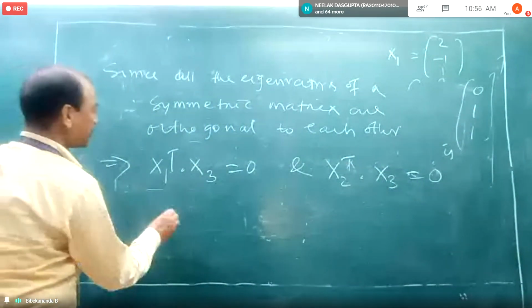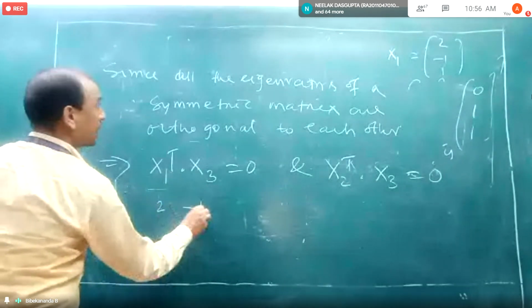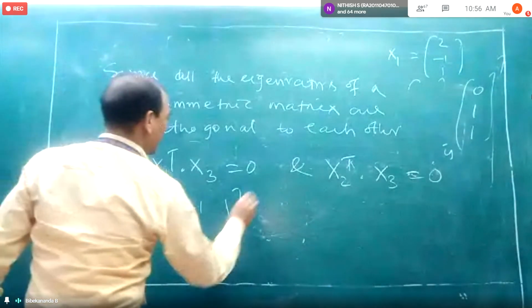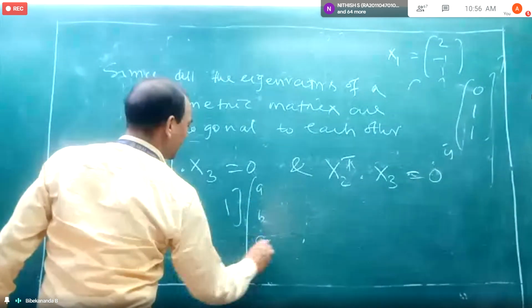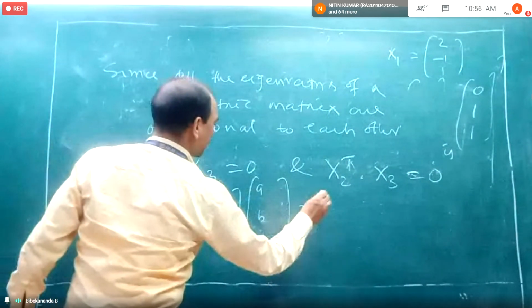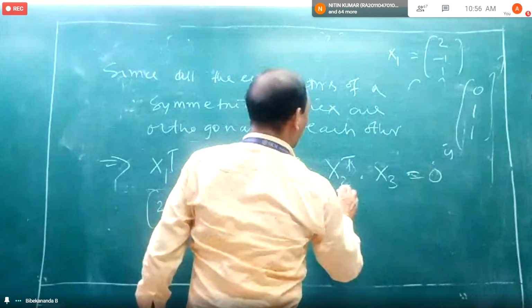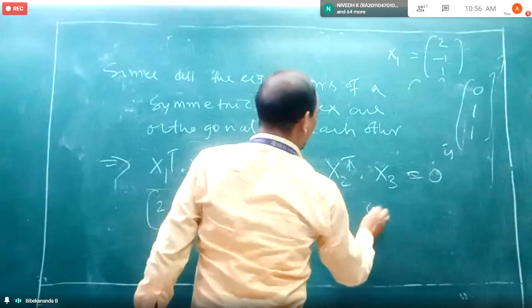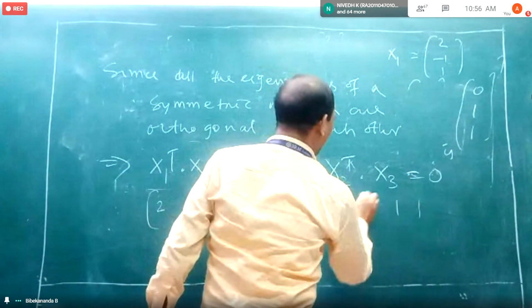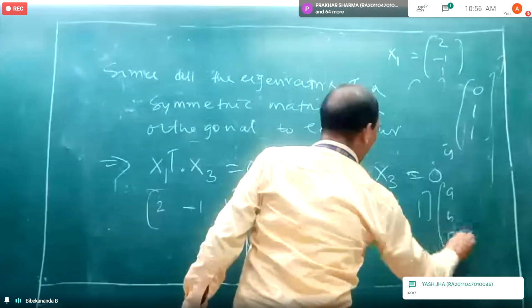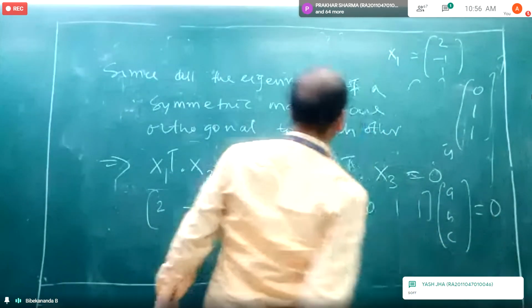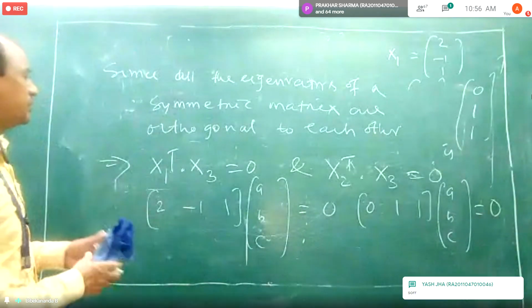Now x1 transpose means (2, -1, 1) times (a, b, c) equal to 0. And similarly here x2 transpose, (0, 1, 1) times (a, b, c), is equal to 0.